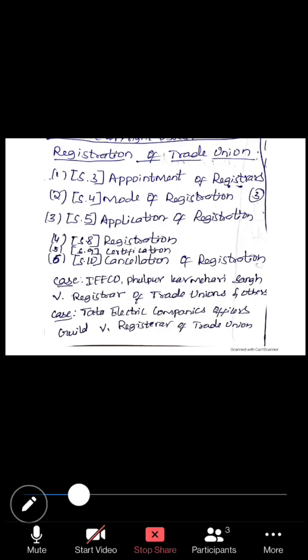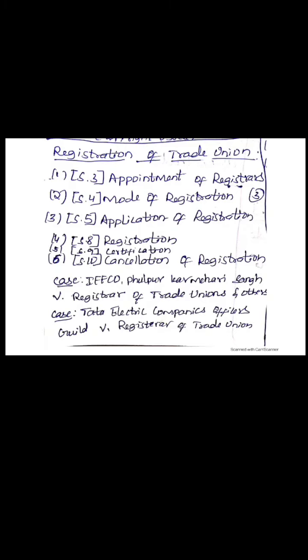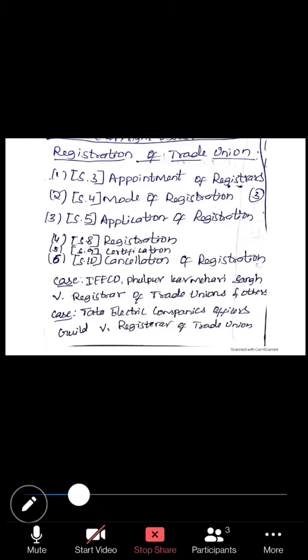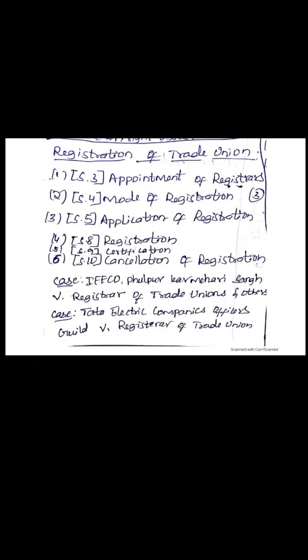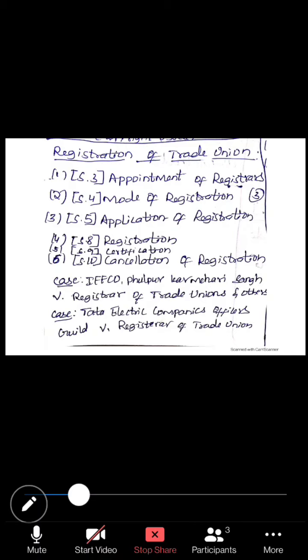The next is mode of registration. How can the trade union register? Under mode of registration, there should be a minimum of 7 members in the trade union. If there are a minimum of 7 members, then they can go and register. And at least 10% of the members, or 100, whichever is less, should be working in the same company of the trade union.